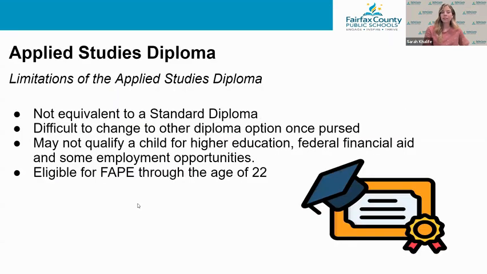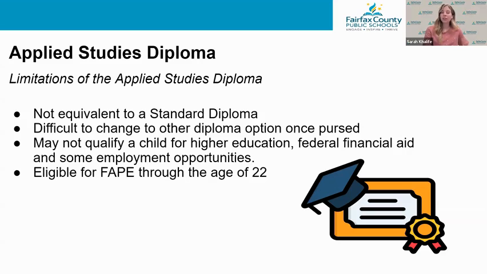The Applied Studies Diploma is a diploma option available to students identified as having a disability who complete the requirements of their IEP and meet certain requirements prescribed by the Board of Education pursuant to regulations, but do not meet the requirements for any named diploma.